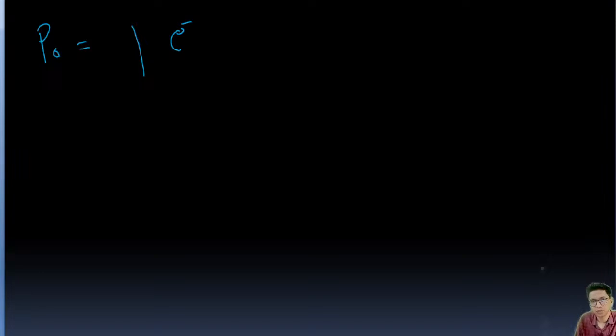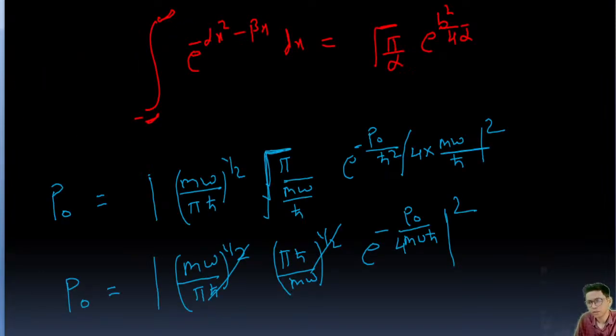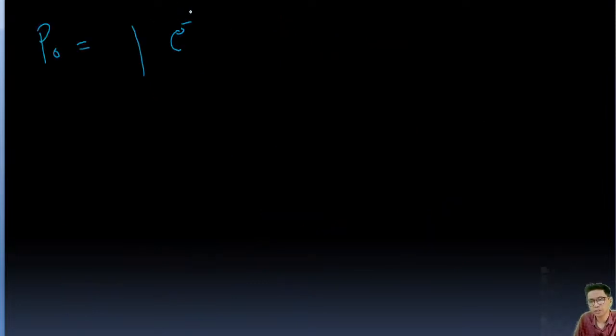So this is going to be e to the power minus p naught upon 4 m omega h cut, whole square. So p naught is a real value, right? So p naught value is going to be e to the power minus p naught square upon 4.